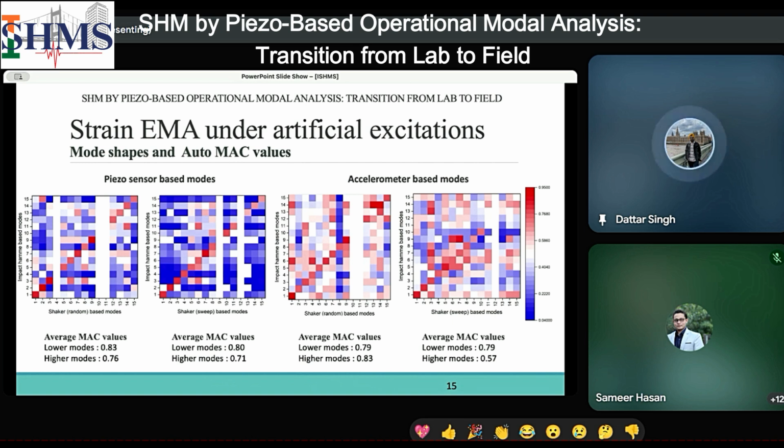So these are the heat maps from different excitations, keeping impact hammer based modes as our reference modes, and comparing the mode shapes from shaker-based excitations to the impactor-based excitations from both the piezo sensor and accelerometer-based data.